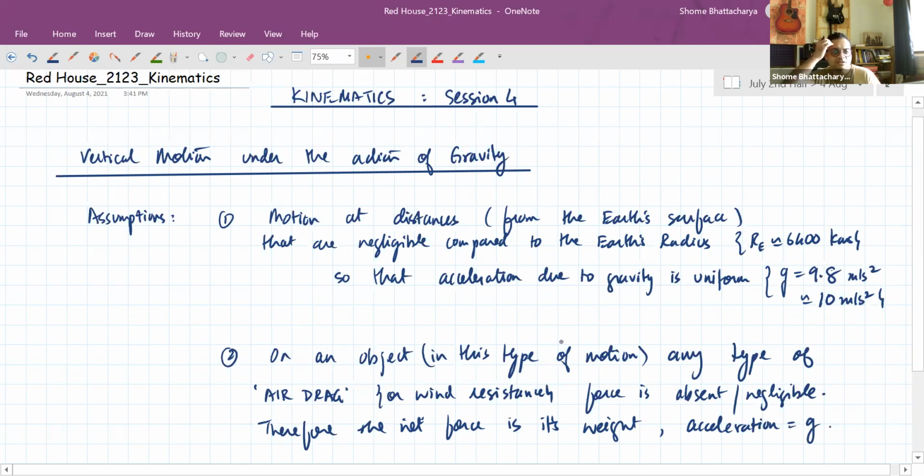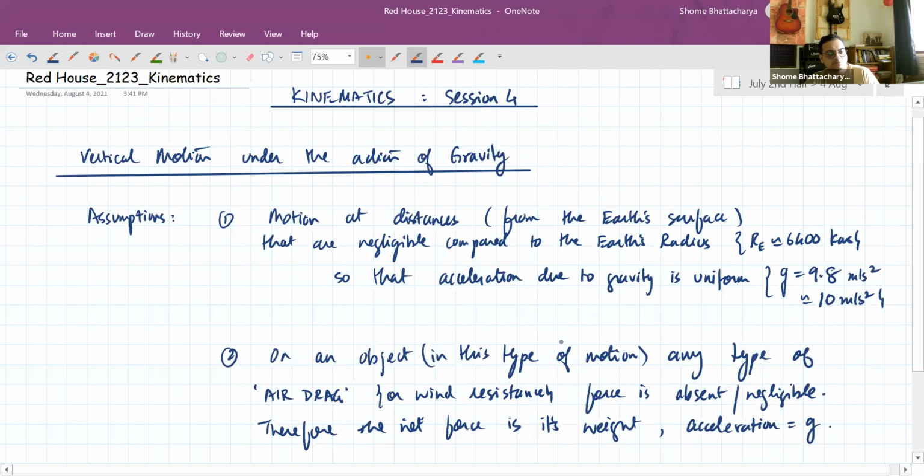So these are the two assumptions that we will think of as blanket conditions for all types of problems that we are doing under this section of vertical motion under gravity, as well as the next section, which will be projectile motion in the next lecture after today.